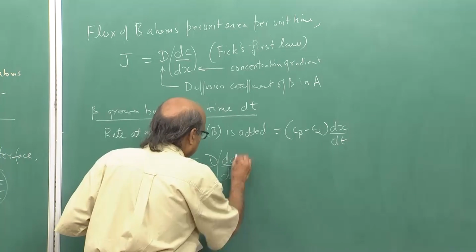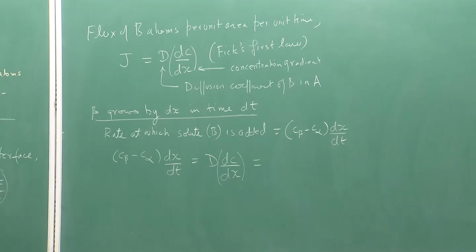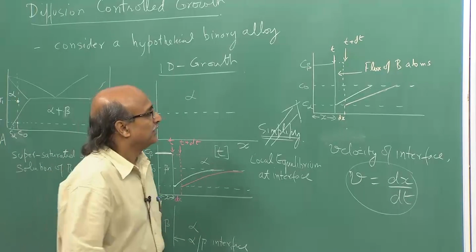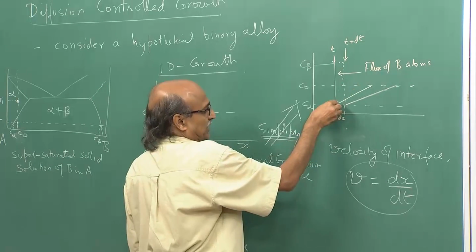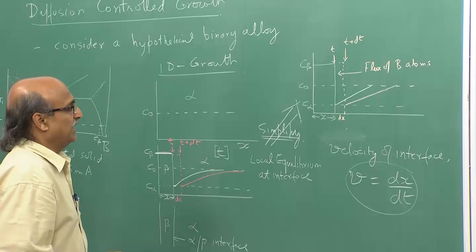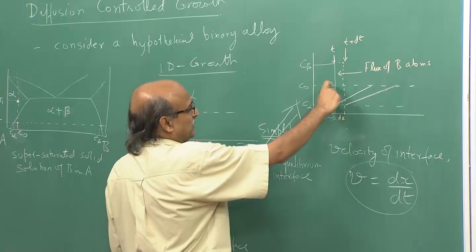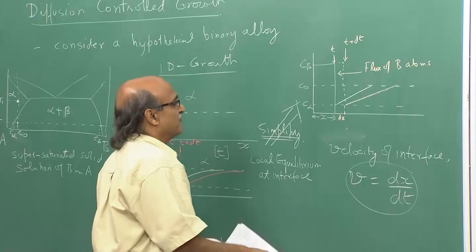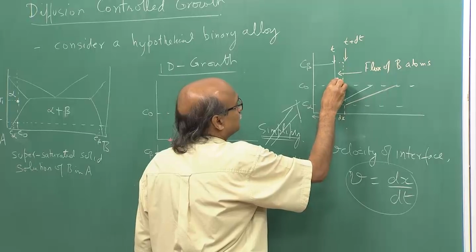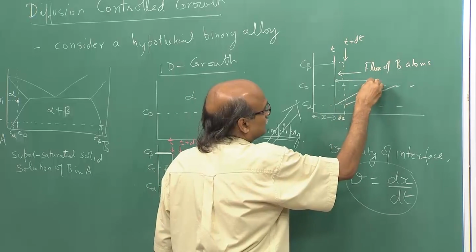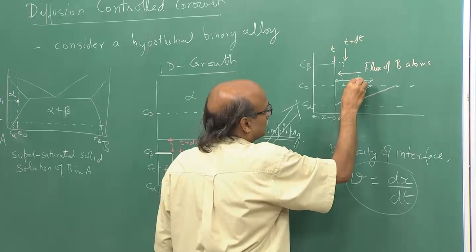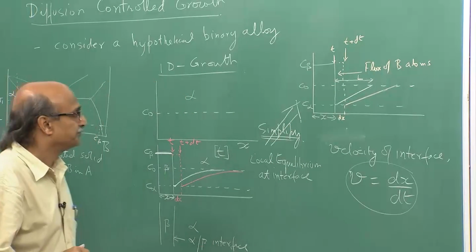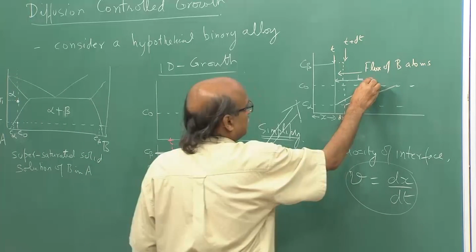Now let us look at it. What is dC by dx? If I go to my simplified representation here, dC by dx is the slope of this line, and that is nothing but C naught minus C alpha divided by some length L. Okay.